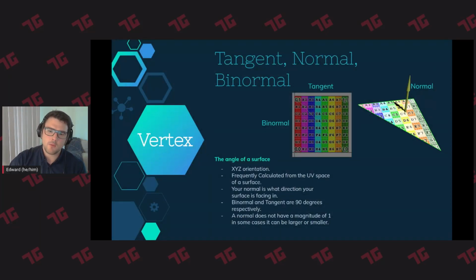Your vertexes contain your normal information, and your normal is the direction that vertex is facing. That's where another not particularly well understood concept comes from, which is: what is a tangent and what is a binormal? Actually easier to understand than you might think. Your tangent and your binormal are your right angles to your normal.